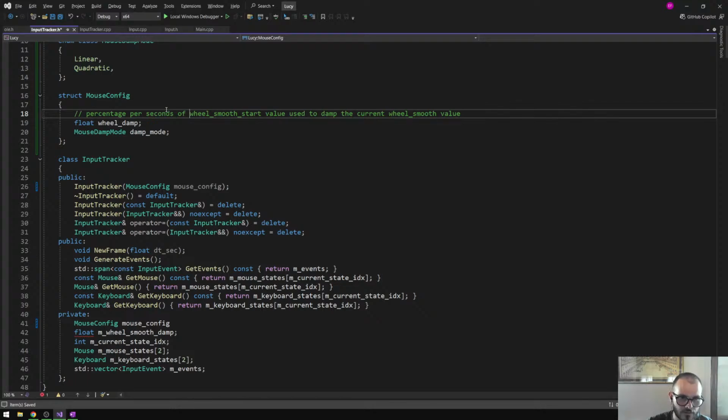Percentage per second of the starting value to use for damping.